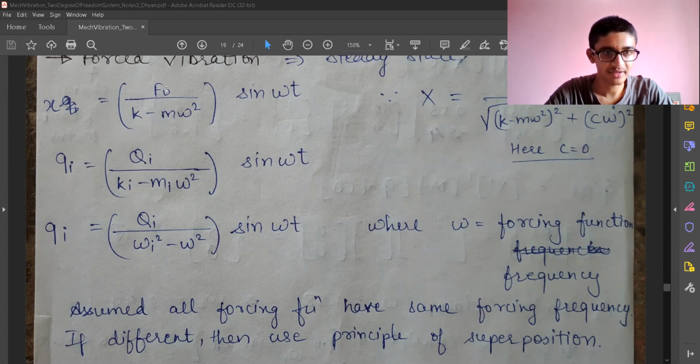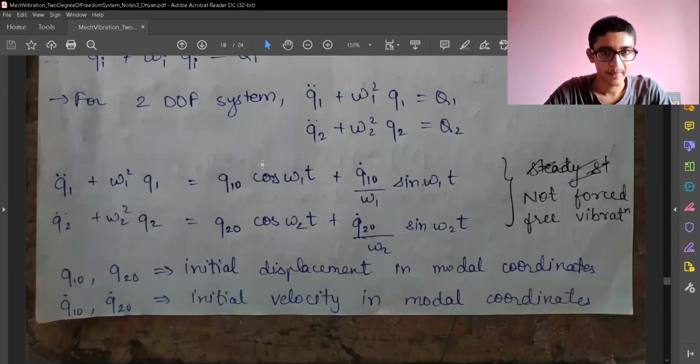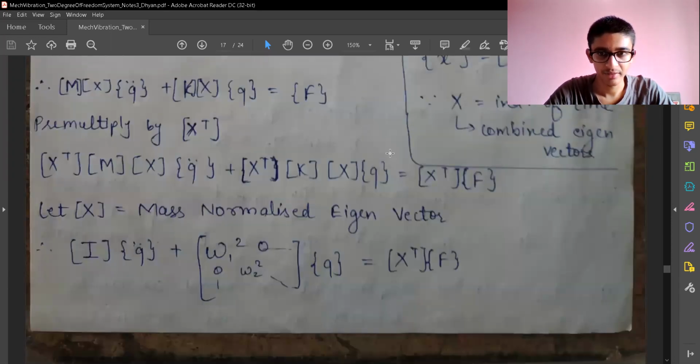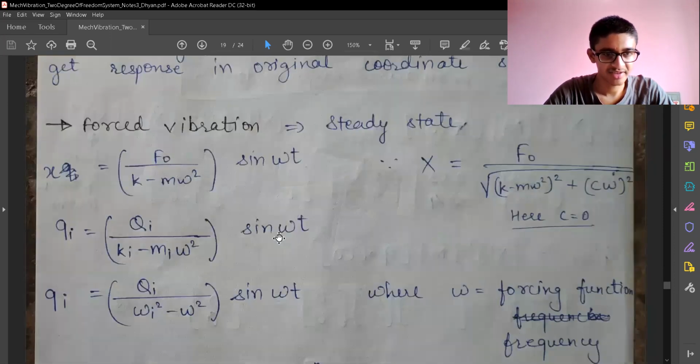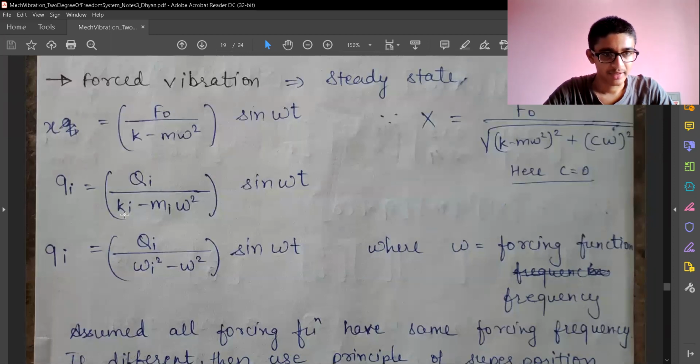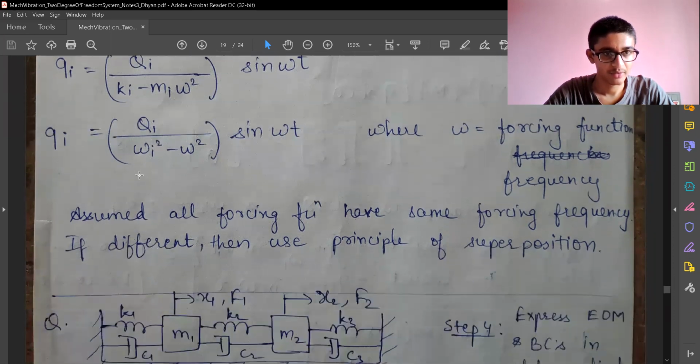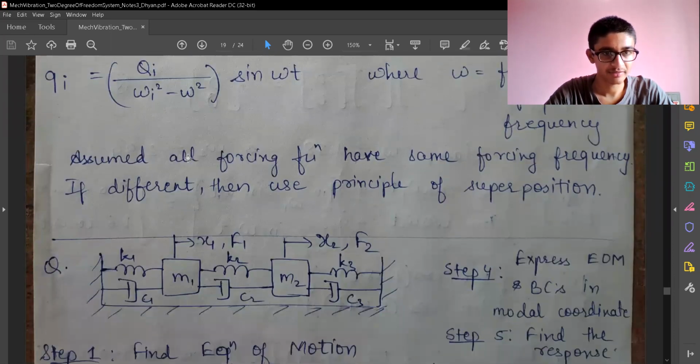Only the force changes, because the force will be converted to x transpose f0. So the new force is q i, and the other things remain the same. When we divide, we'll have omega i square minus omega square.